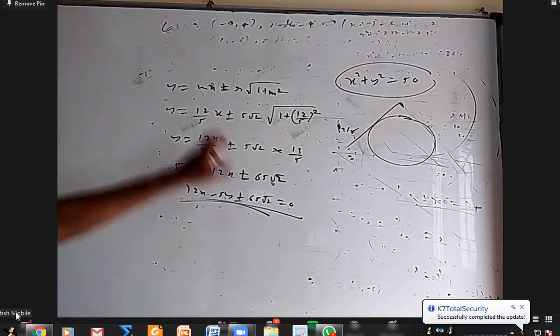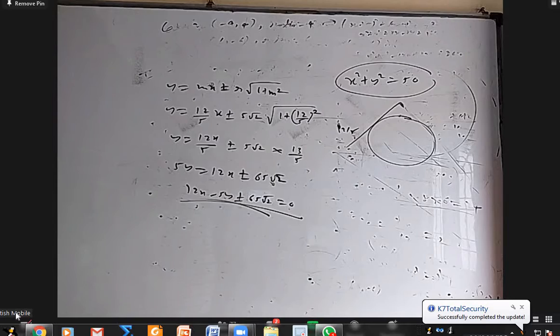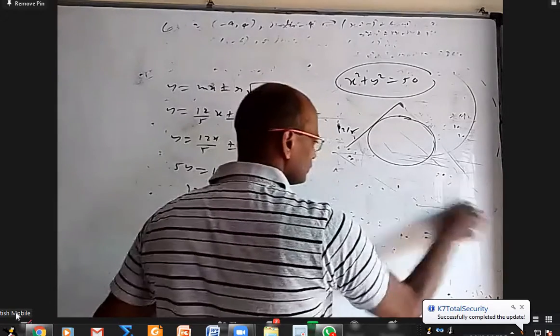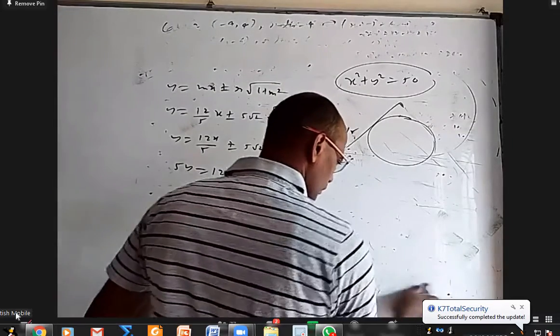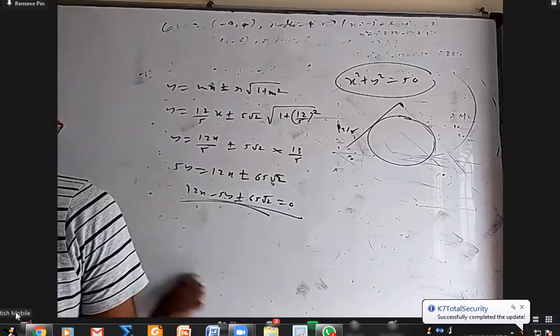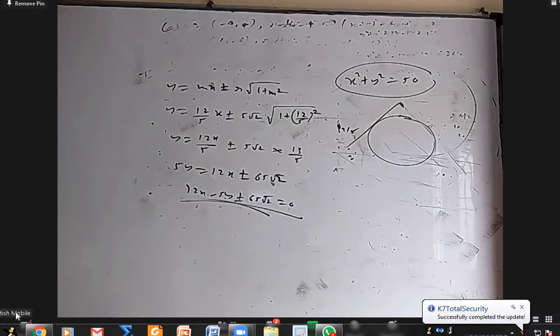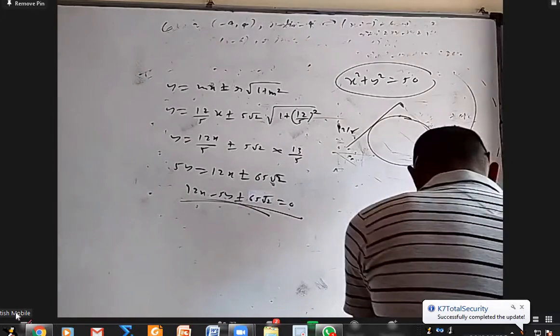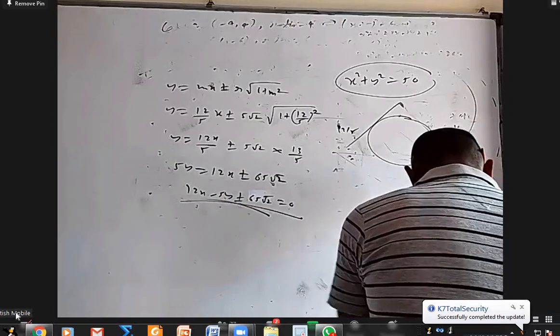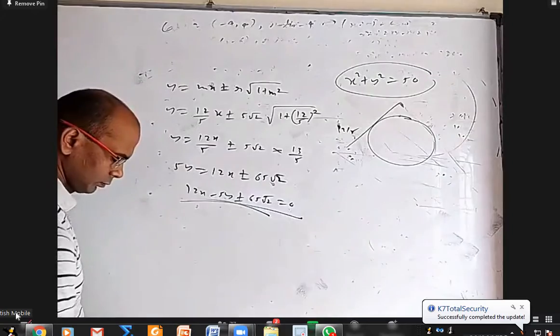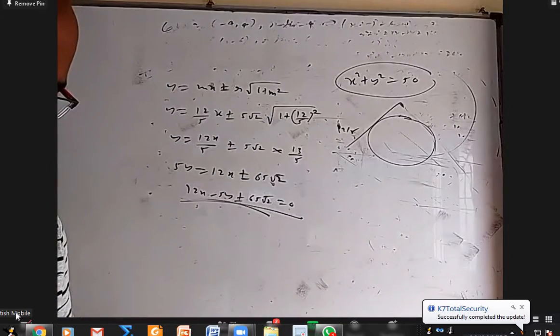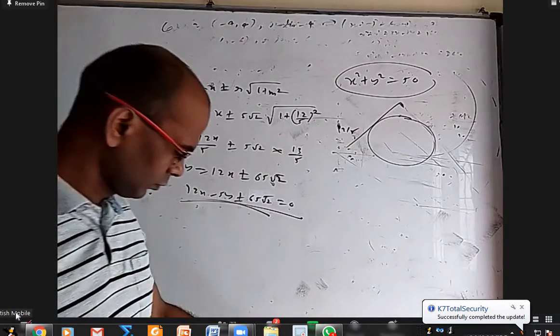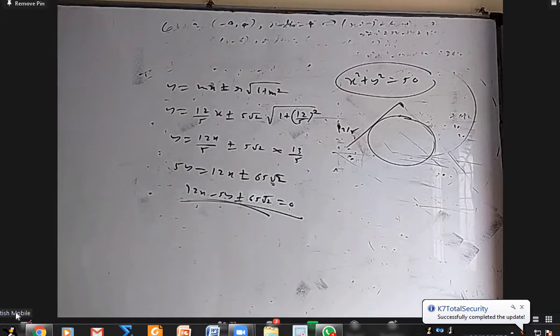Simply you have to remember this general tangent, y equal to mx plus or minus r into root over 1 plus m square. Okay, everybody got this answer?